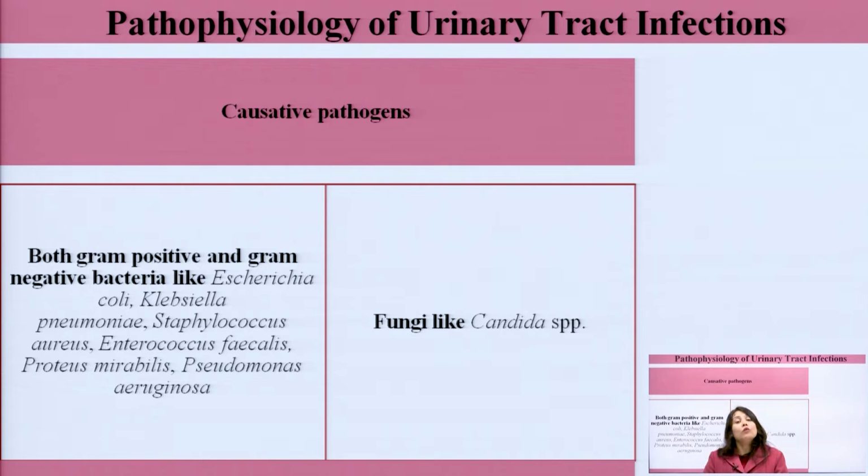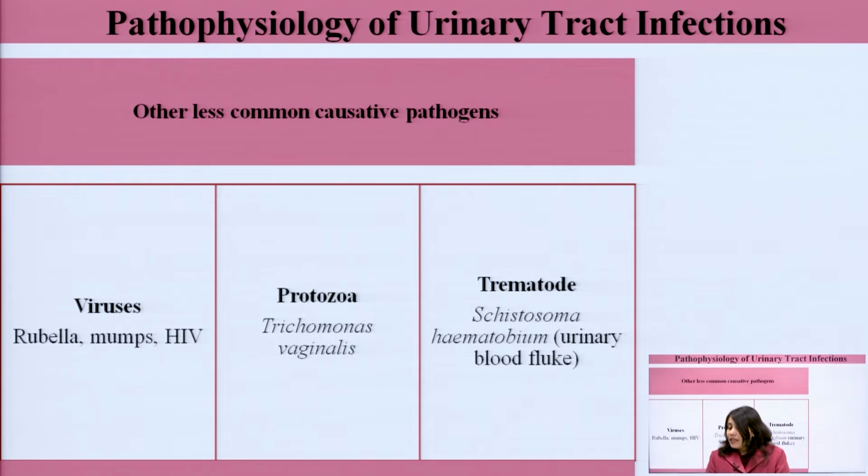If we talk about fungi, Candida species, especially Candida albicans, are the most common causative microorganisms for urinary tract infection. Other less common causative pathogens for UTIs are viruses like rubella, mumps and human immunodeficiency virus, HIV.